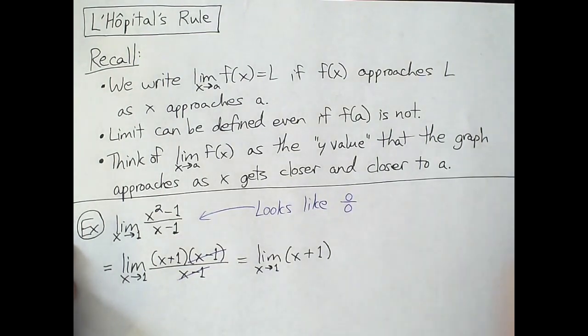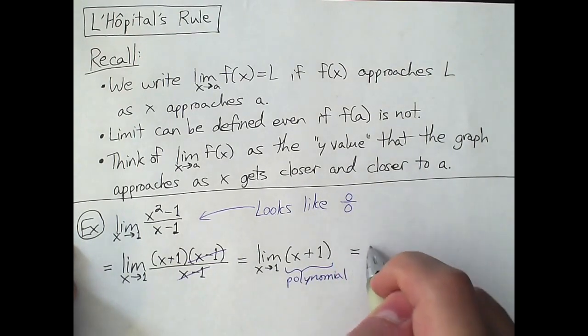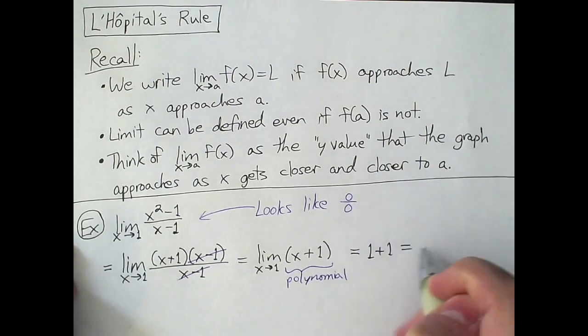And this is a simple polynomial. We had a theorem back then that said if you are left with just a polynomial, then it is okay to just put in x equals 1, because polynomials are continuous across all real numbers. So this does equal 1 plus 1, which is 2.